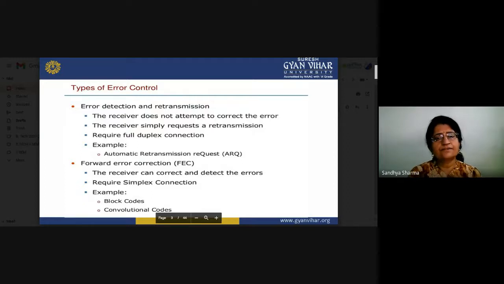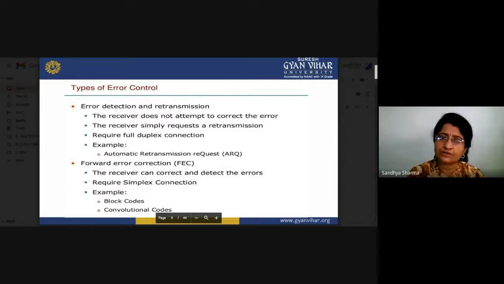The first one is error detection and retransmission. As the name indicates, first we have to detect the error. The receiver doesn't attempt to correct the error; in this type of process, the receiver only detects the error and simply requests a retransmission. So there is only error detection, and then we request retransmission.